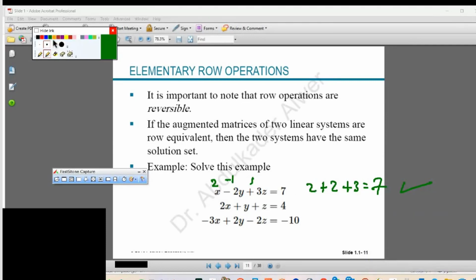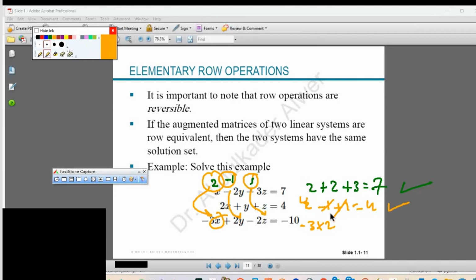So another one, let's go here. It is 2 positive or minus 1 positive, just a minute, 2 with 2, it's 4. Yes, correct. Now, minus 3 with 2, this is x, this is y, and this is z.